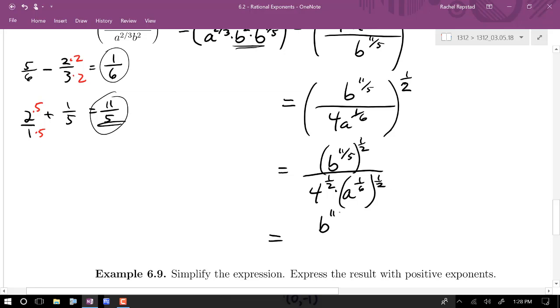Mm-hmm. What's 4 to the 1/2? 2. And what's our power on a? Yeah.